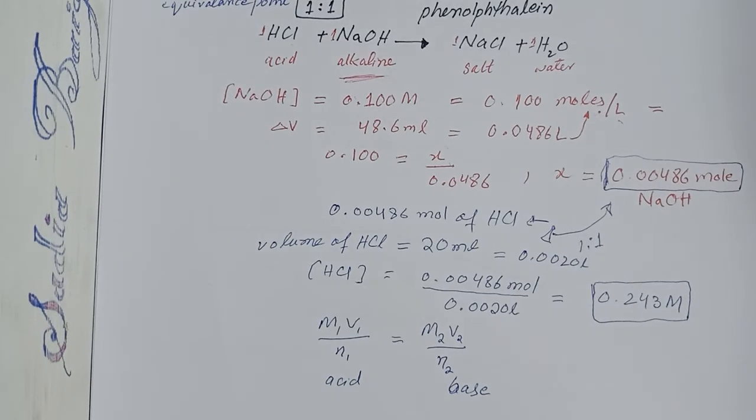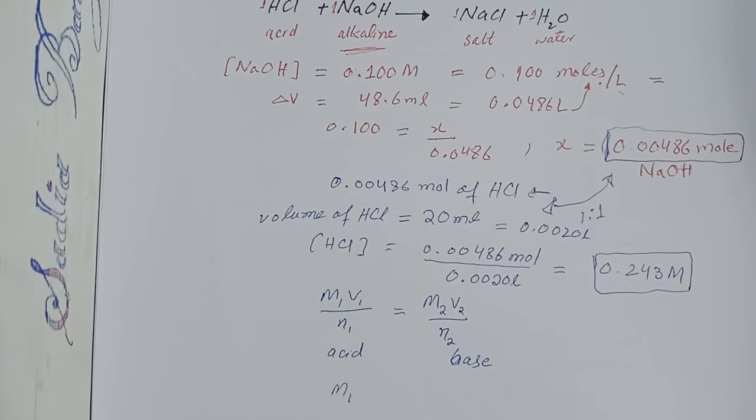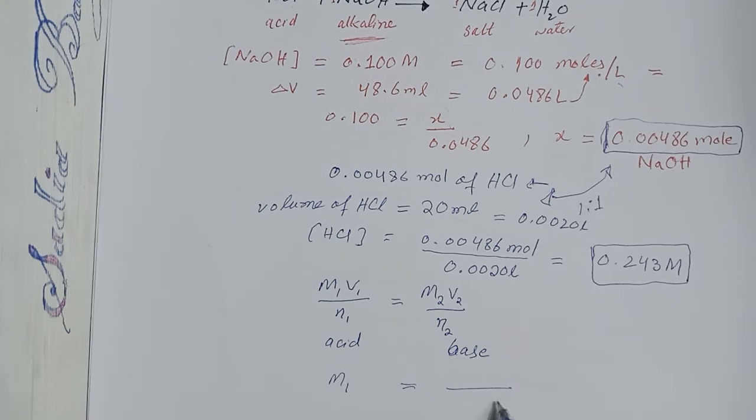So here we know the volume of the acid we started with, and we need to calculate the molarity of the acid, that is M1, and we already know the volume of the acid, that is V1. As the chemical equation is 1:1, the N1 and N2 are equal to 1.